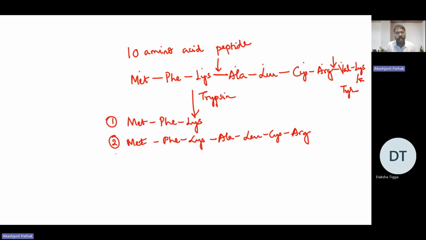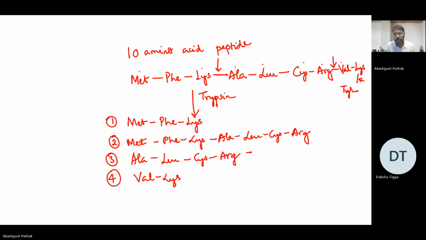Some will have alanine, leucine, cysteine, arginine. Then you can have a peptide with valine, lysine. So you can have multiple peptide sequences.